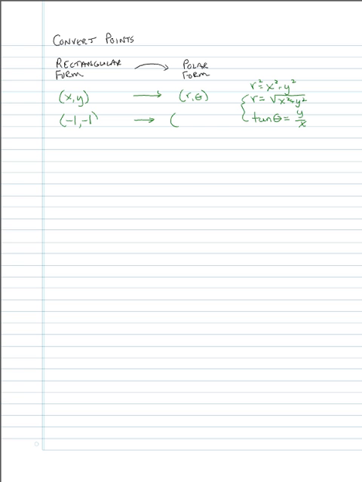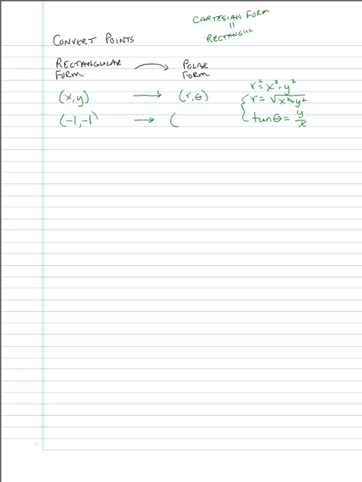Now, by the way, before I go on, I'm calling these the rectangular form. Sometimes it's also called the Cartesian form. Either one is appropriate, the same thing as rectangular form.